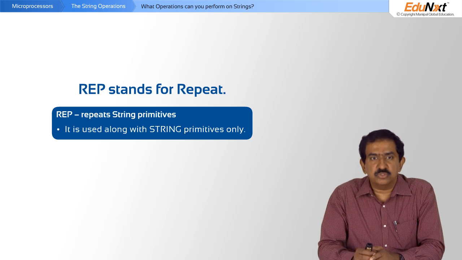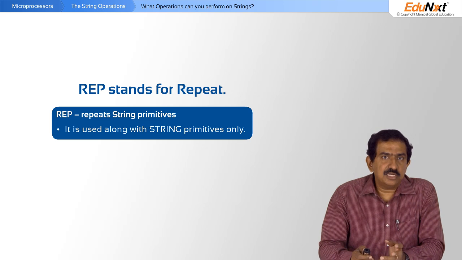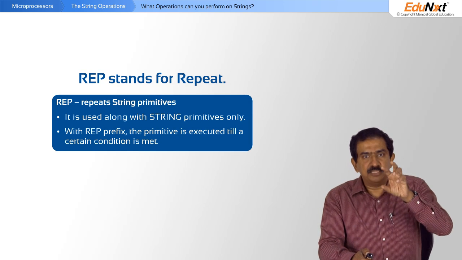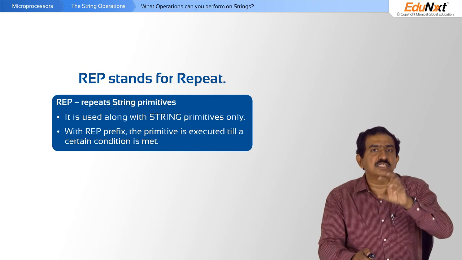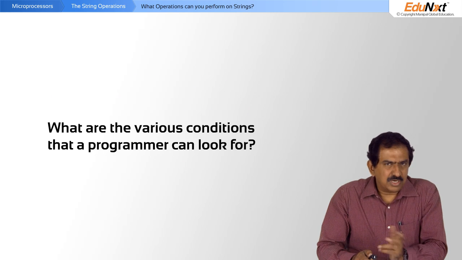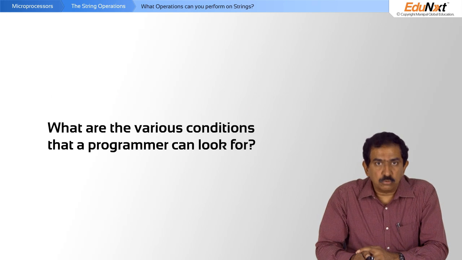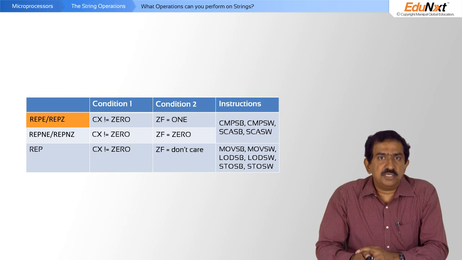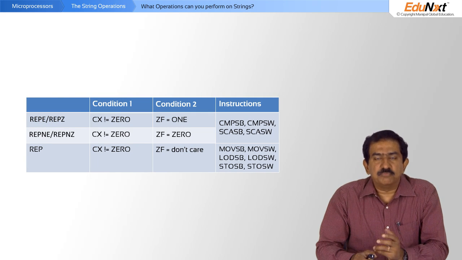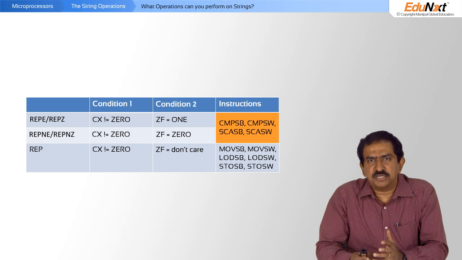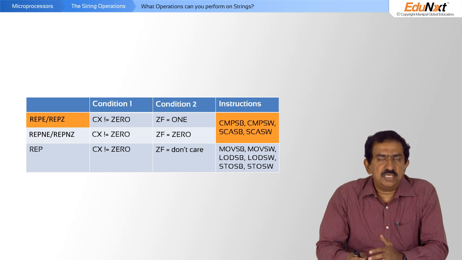It is used only with the string, and the REP is used as a prefix, and the primitive is executed till a certain condition is met. So what are the various conditions that you as a programmer can look for? You got REPE or REPZ, and the compare and the scan operations use REPE, REPZ.